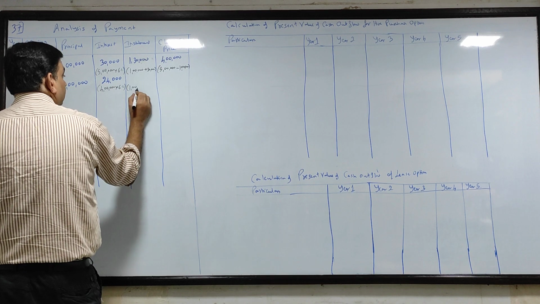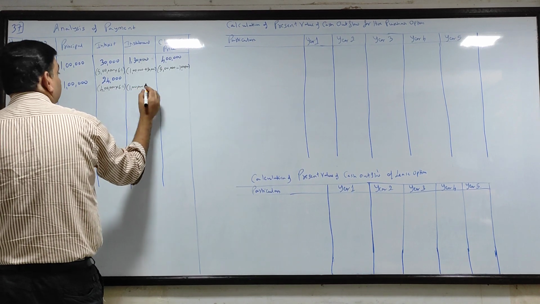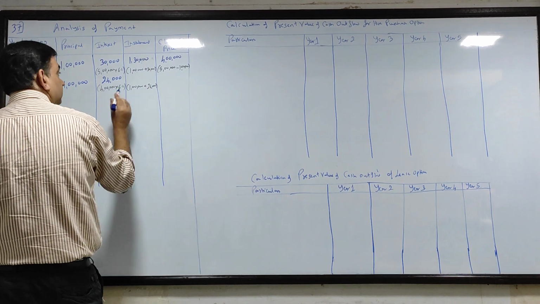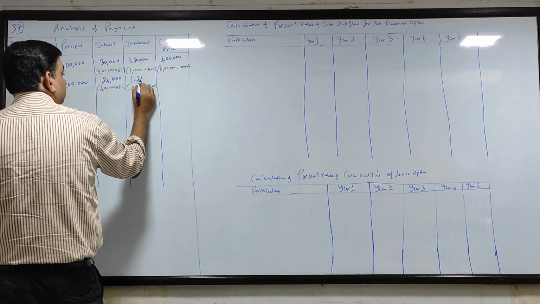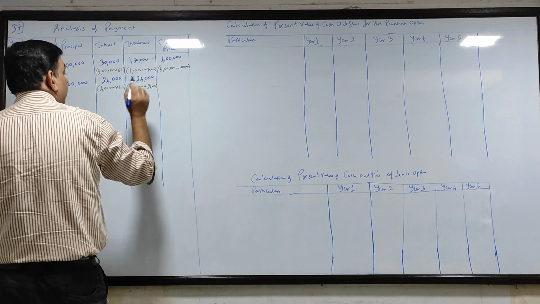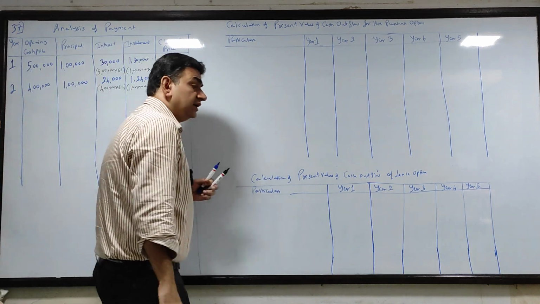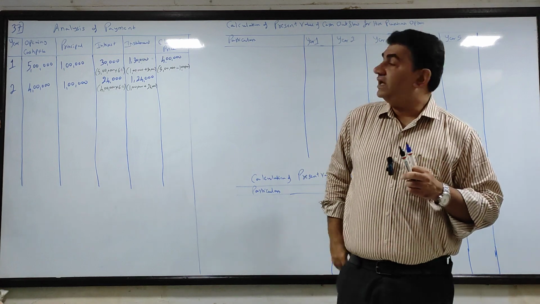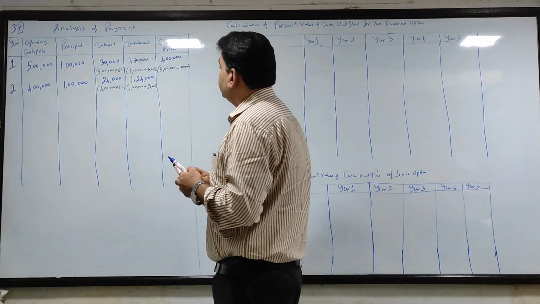Therefore my installment will be 1 lakh plus 24,000, that is 1,24,000. Getting it now? Every year का interest will be respective opening cash price का 6%.